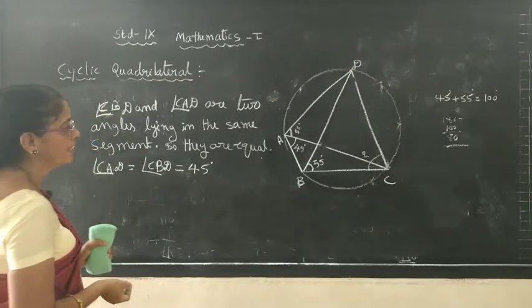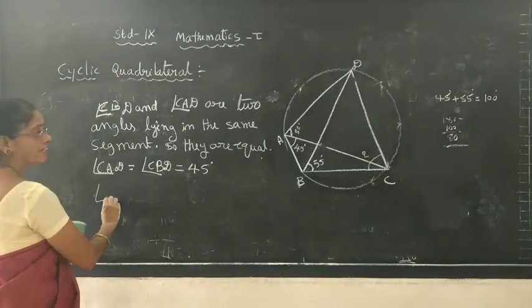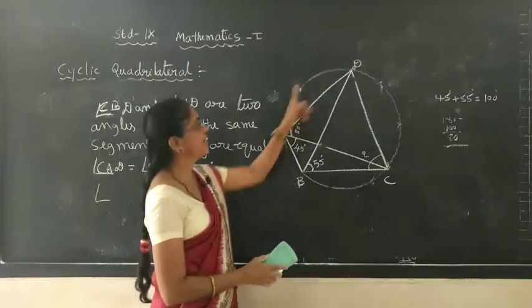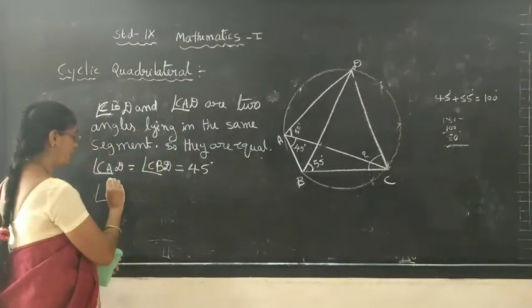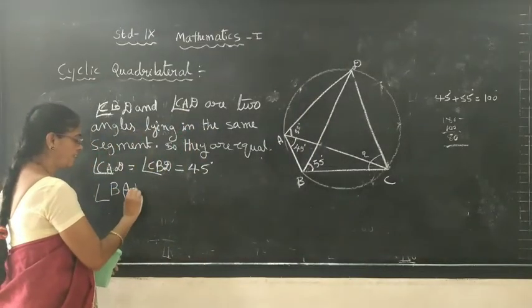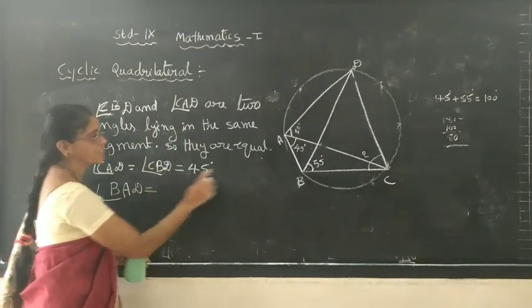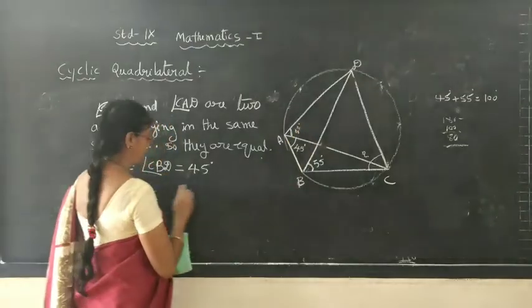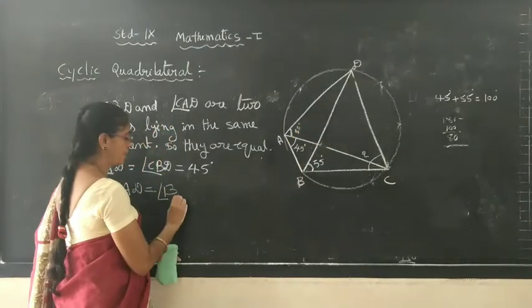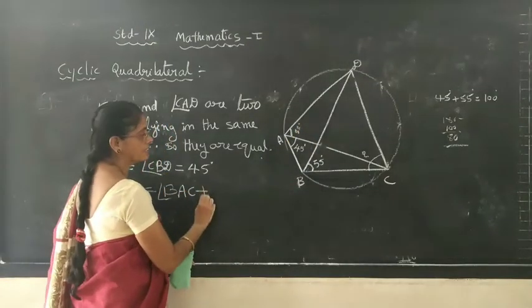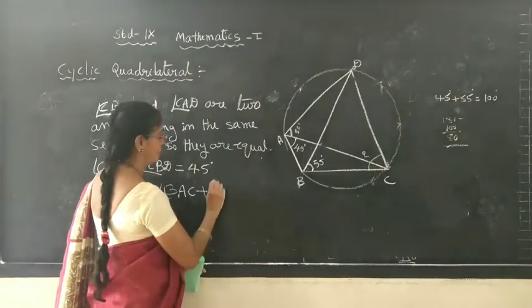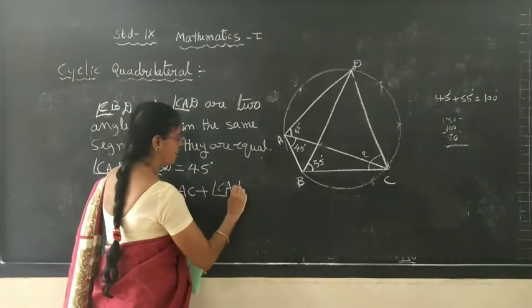Now angle BAD is equal to the sum of two angles, angle BAC plus angle CAD.